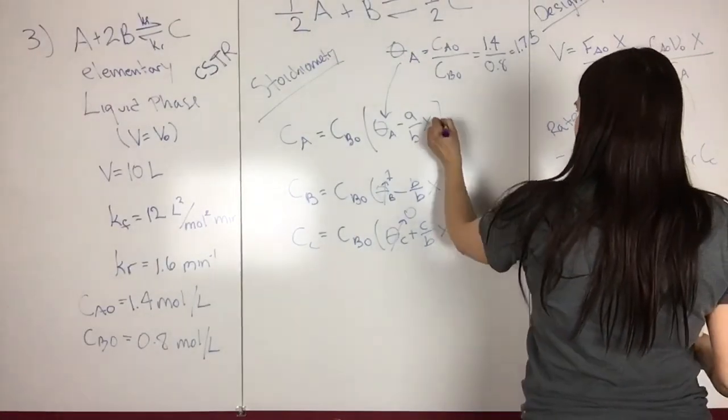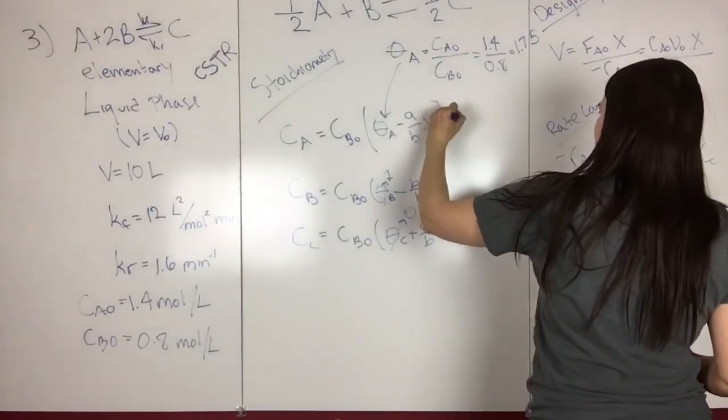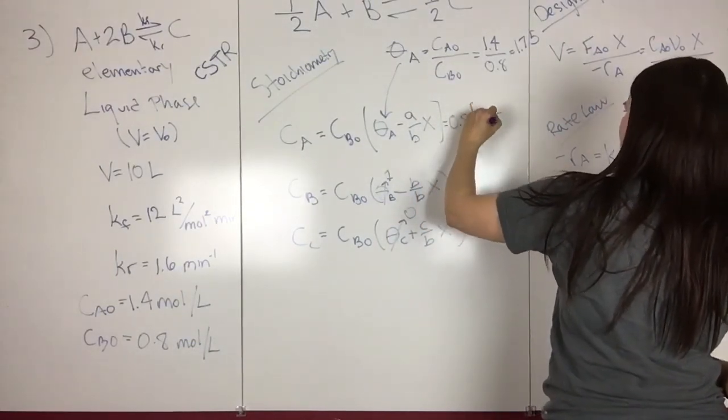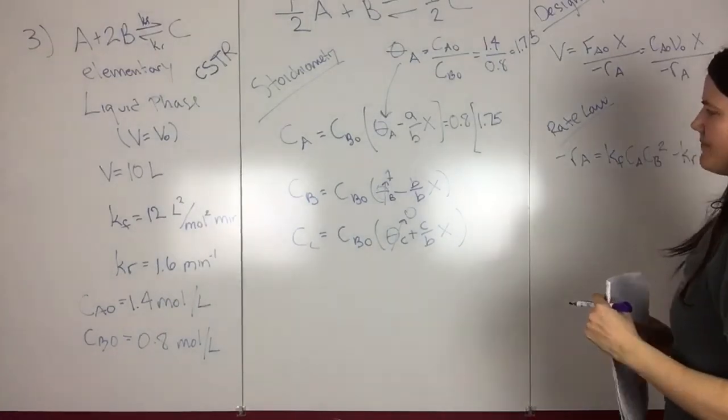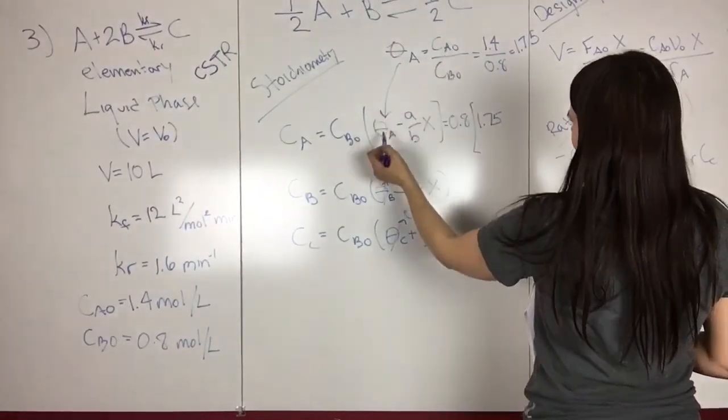So then for CA, we can say CB naught, 0.8, multiplied by 1.75. And I know that technically you could just plug this in here.